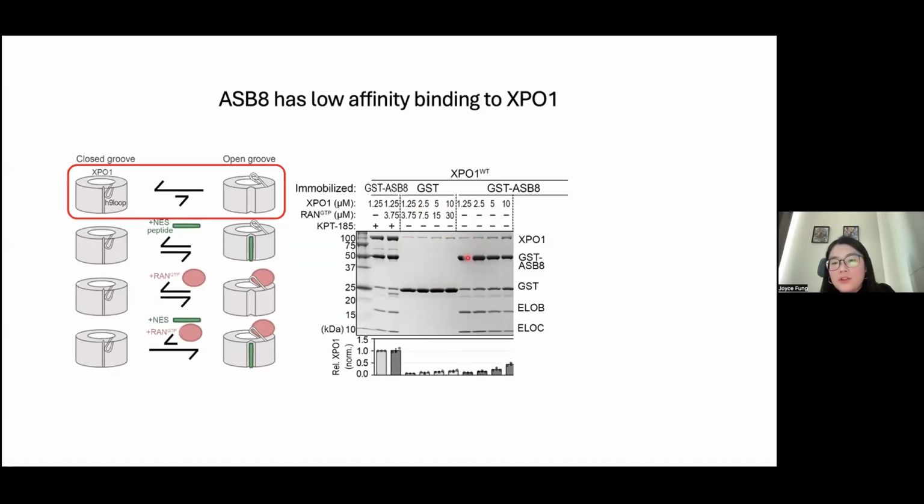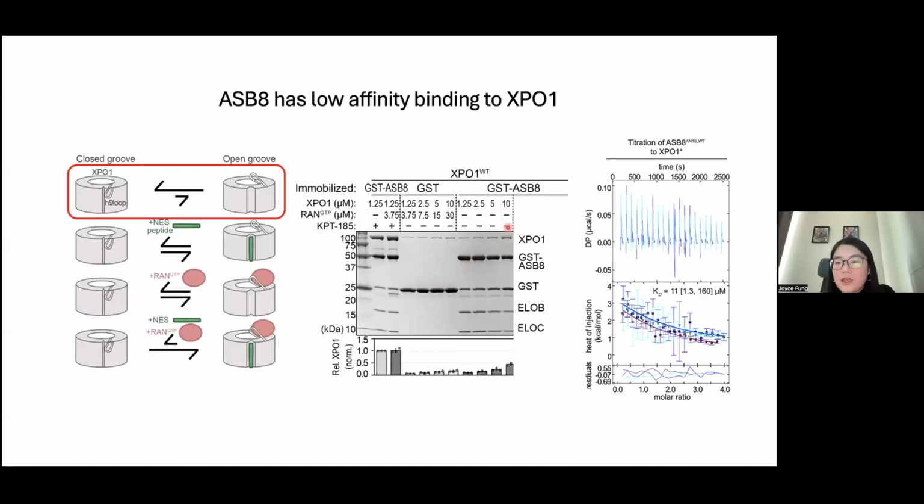And we can do the same with GST ASV8, and we can see that there is visible binding at 10 micromolar. And Casey actually took the time to try to measure this in ITC, and she was able to get an affinity of 11 micromolar in the cold. So now we established that there is low affinity binding.